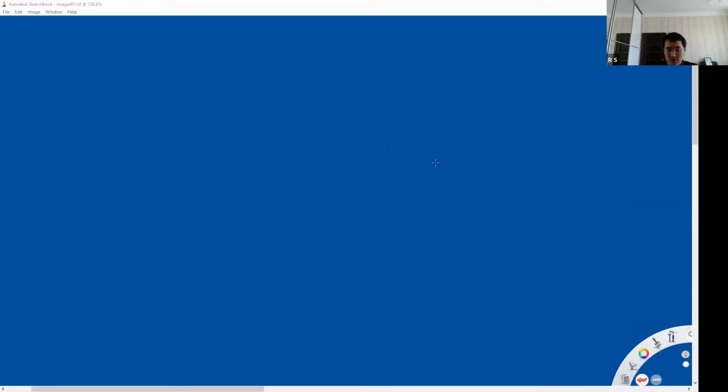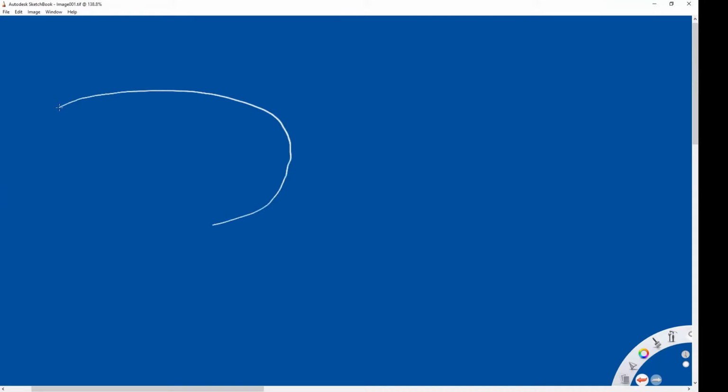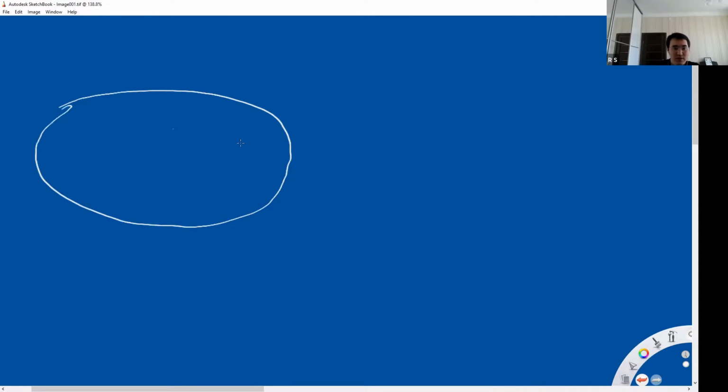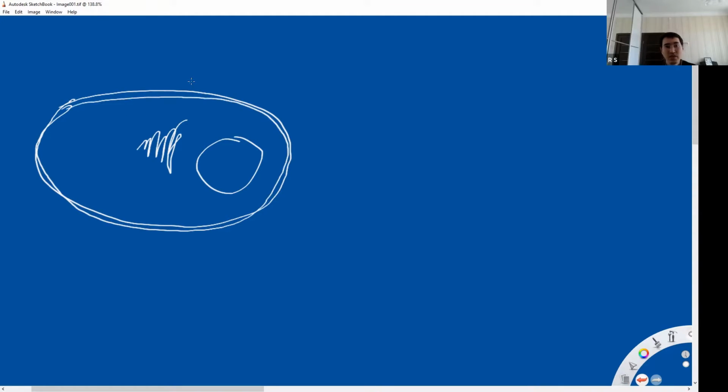Okay, so what is the biomembrane? It is the kind of border of the cell. So if you think about the cell with the nucleus and all these Golgi, etc., you have to isolate it from the environment, and you do it with this biomembrane.